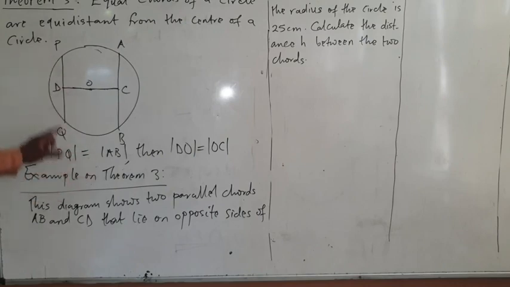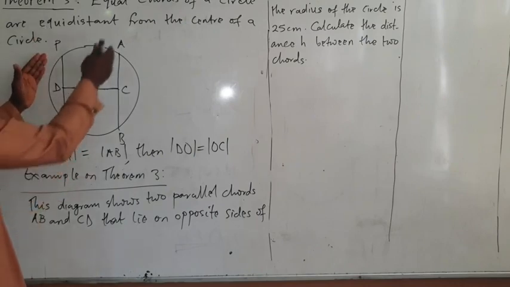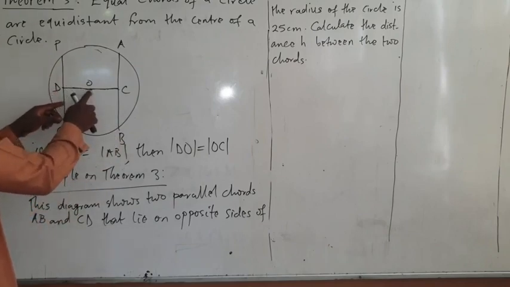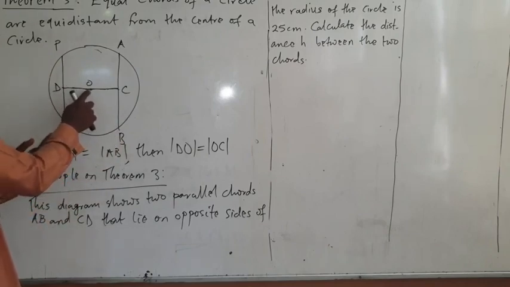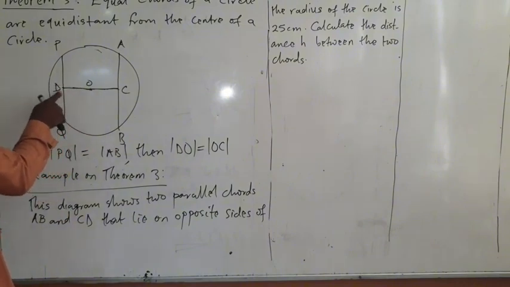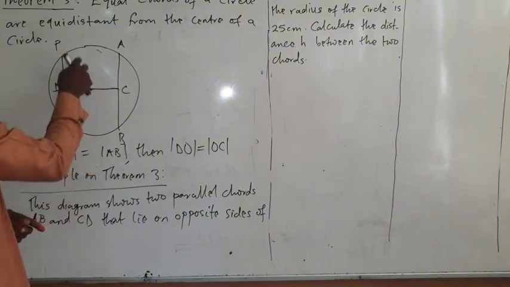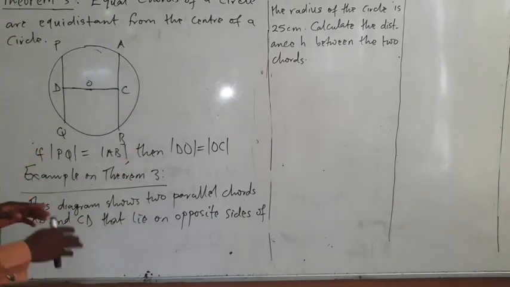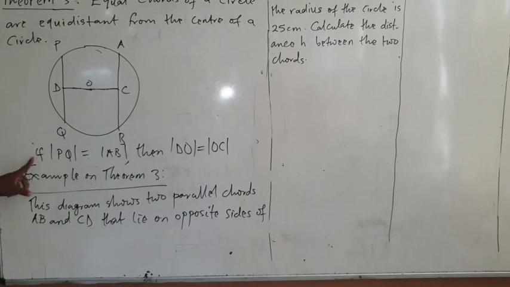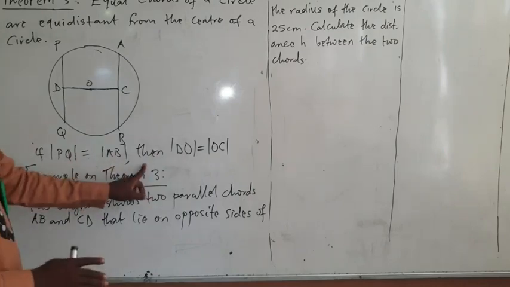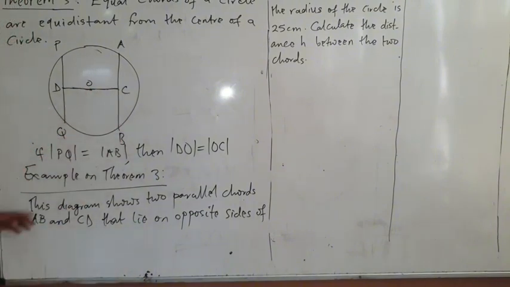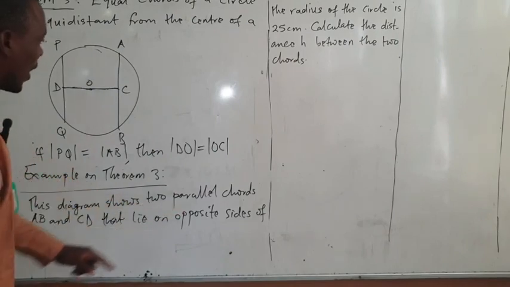That is, if chord PQ is the same as chord AB, then the distance from O, the center of the circle, to chord PQ will be equal to the distance from the center to chord AB. So if PQ equals AB, then DO or OD equals OC or CO. The example says this diagram shows two parallel chords.